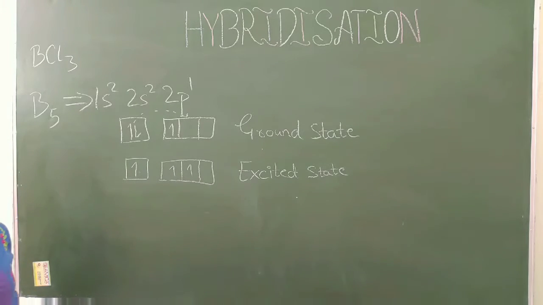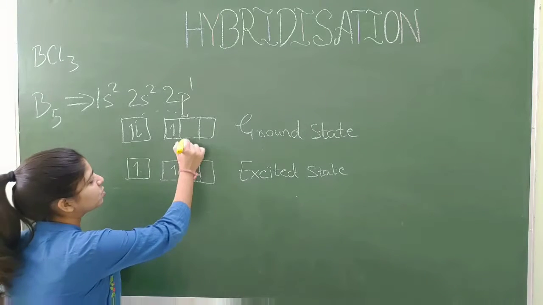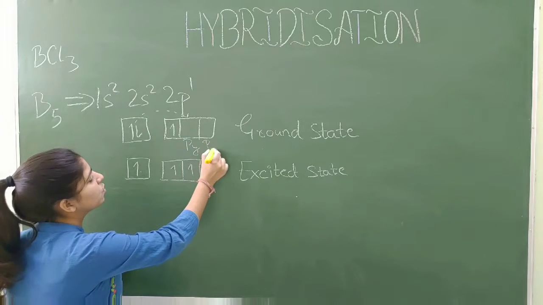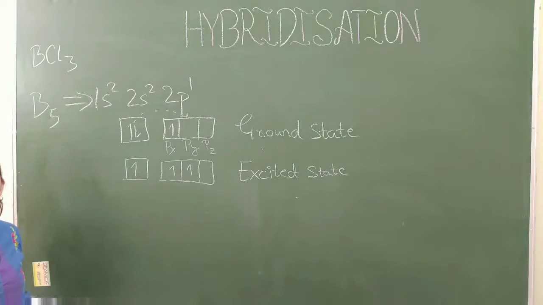It means py and pz are vacant, so one of the electrons from 2s will get excited and take the place of py, because after px, py is vacant.